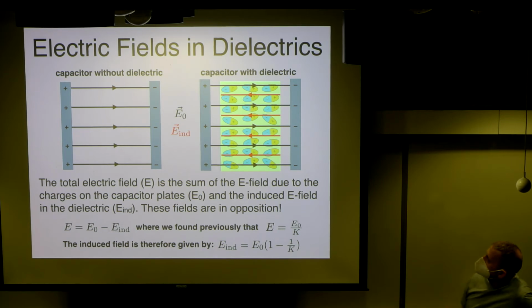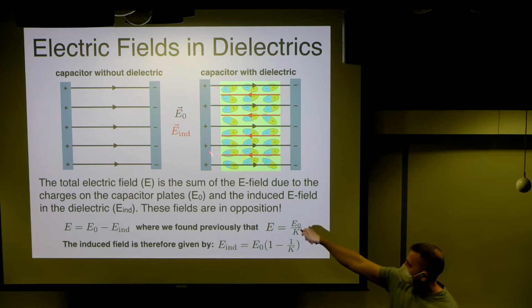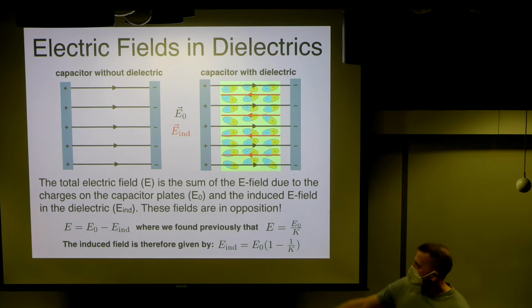So overall, what do we get? A bigger or smaller E field? Yeah, it actually reduces the strength of the E field because the induced E field opposes the one you originally had. Okay, so here's what we have. E refers to the sum total E field, right? As I explained, E naught is due to the charges on the plates, and E induced is due to the dielectric molecules, okay?